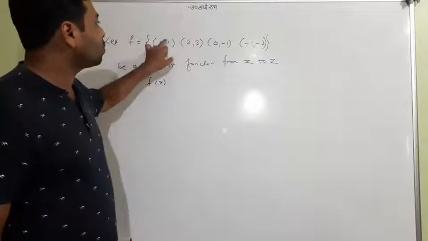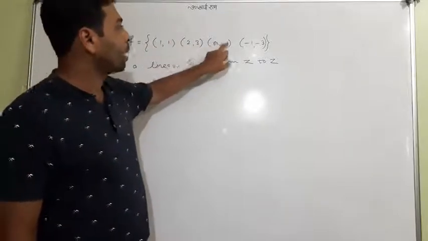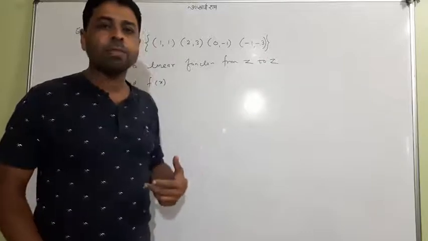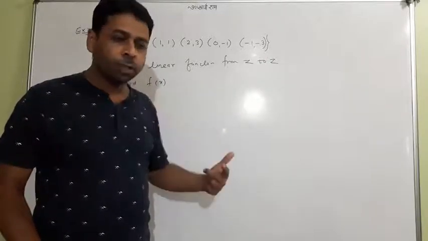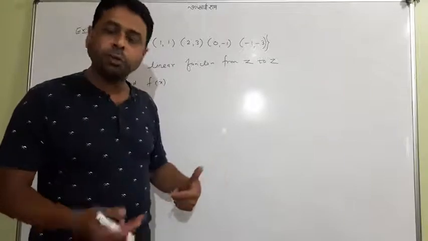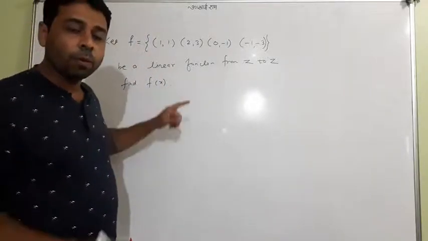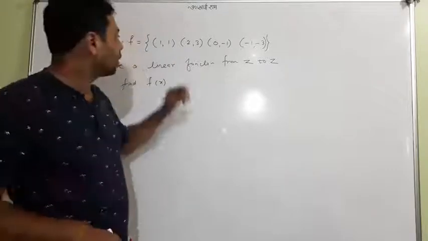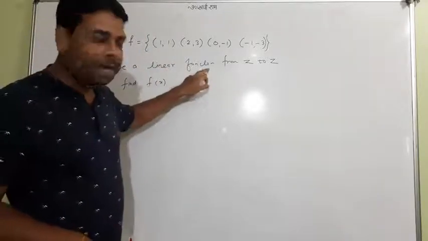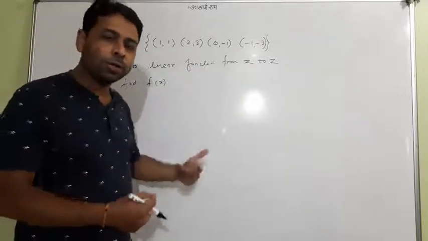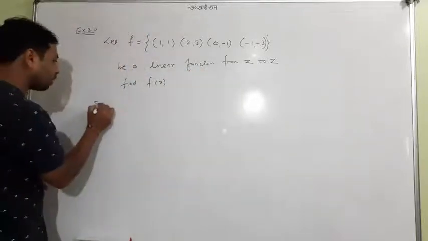So the image of 1 is 1, the image of 2 is 3, the image of 0 is minus 1, the image of minus 1 is minus 3. You can understand that all the images of first elements are unique. So it is a function. But the function is not given. Only one thing is given, that the function is a linear function. And it is a very simple term, linear function. What is called a linear function? So let me explain something.